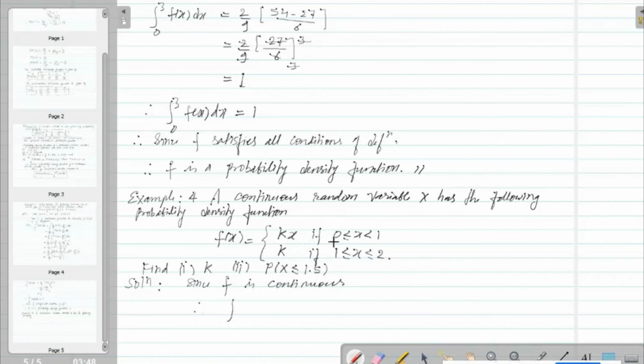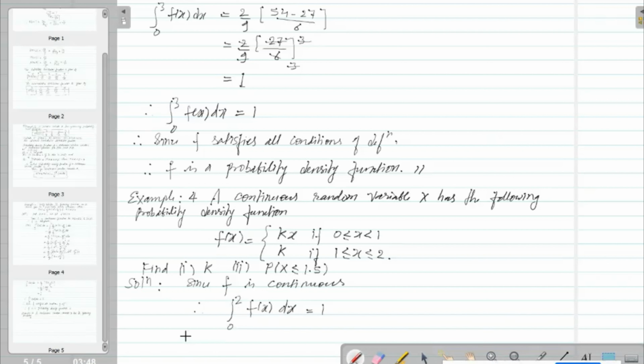First, integration of limit 0 to 1 for this function, and next, integration of limit 1 to 2 for the function k. So integration of limit 0 to 2 of f of x dx is equal to 1, by the definition of probability density function of a continuous random variable.